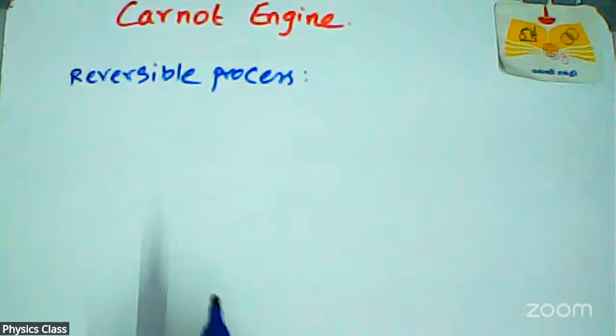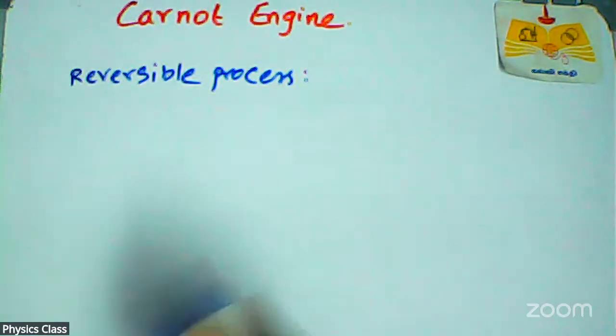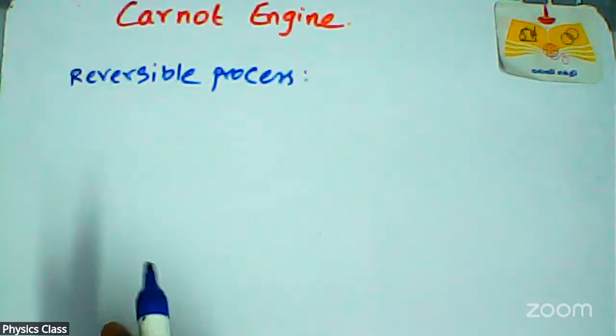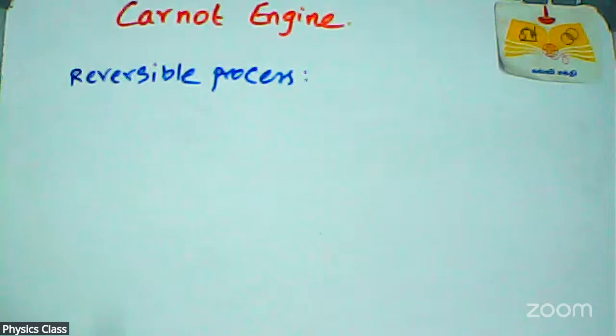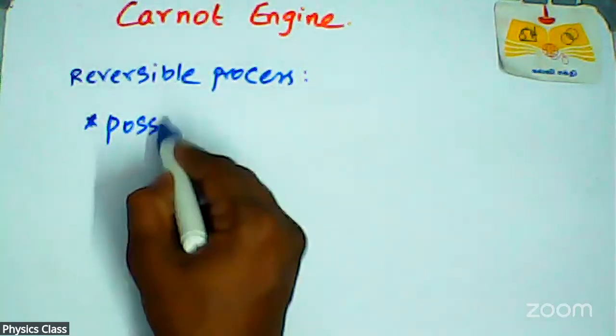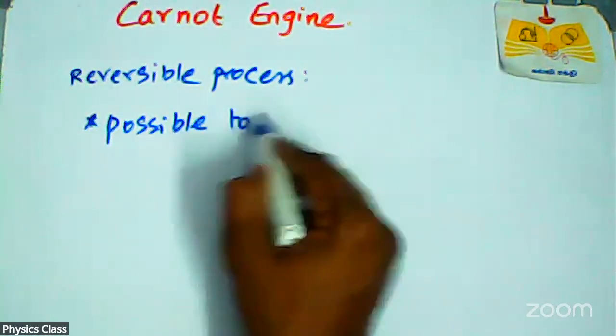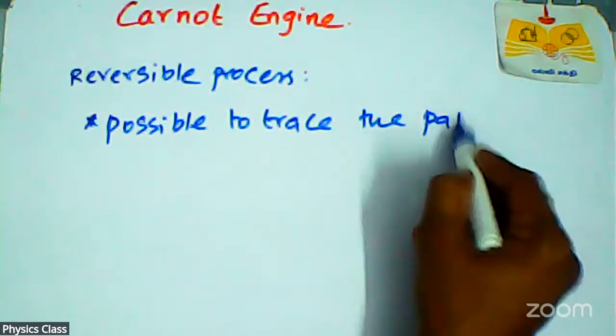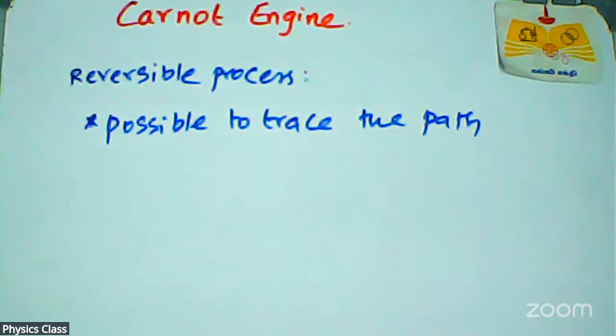A thermodynamic process can be considered a reversible process only if it is possible to trace that path in the opposite direction, for system and surroundings.